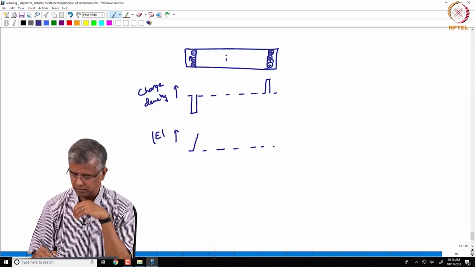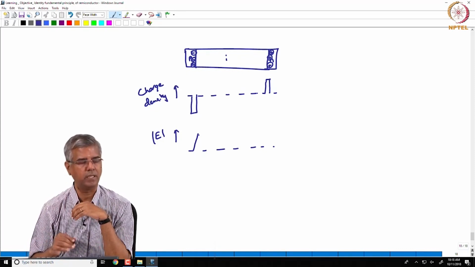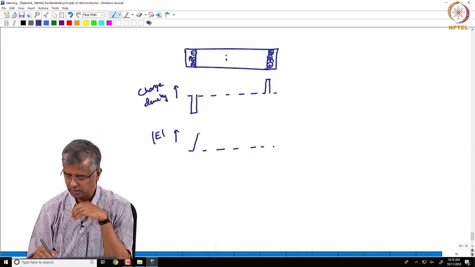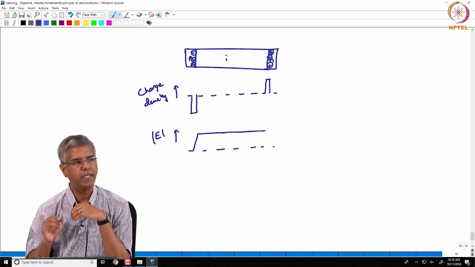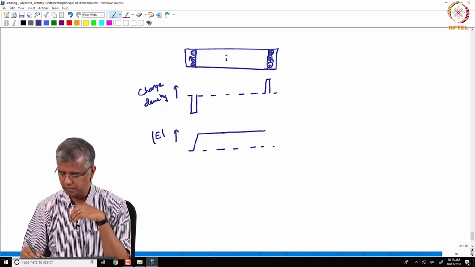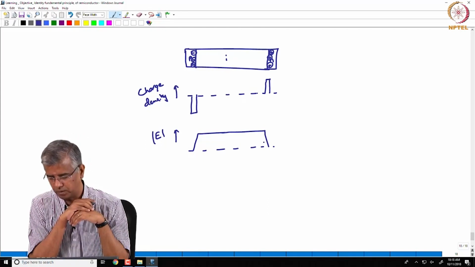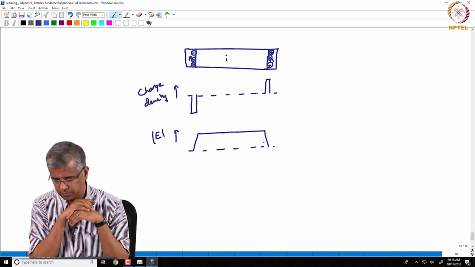You can find it by applying Gauss's law across this entire structure. The magnitude of the electric field is going to increase like this, and then in the intrinsic region there is no potential drop, there is no work done, right. So you would essentially maintain that electric field, and then it comes down when it goes through this N region, right.